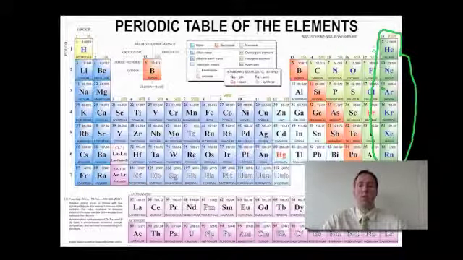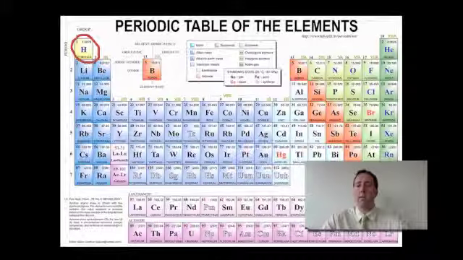Now, if we look at the periods of the periodic table, here's period 1. So it's just hydrogen. That's not a very good drawing. It's hydrogen here, and over here is helium. So the elements in period 1 all have electrons only in their first shell.